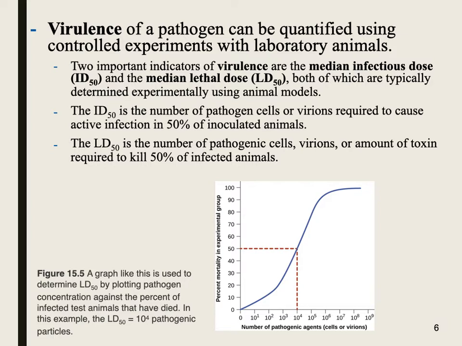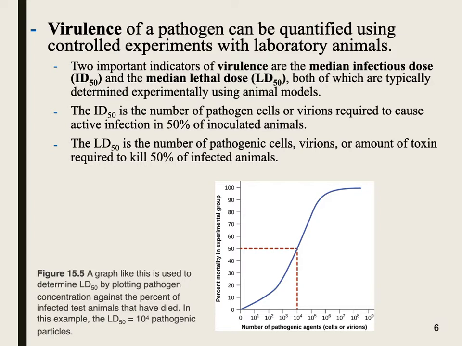With median infectious dose, we're looking at how many cells, how many virions, how much of the pathogen is required to cause an active clinical infection in 50% of the population. If this is a controlled experiment in laboratory animals, that's 50% of the inoculated animals in the study. Again, this is where the host has an infection, showing signs and symptoms of infection.